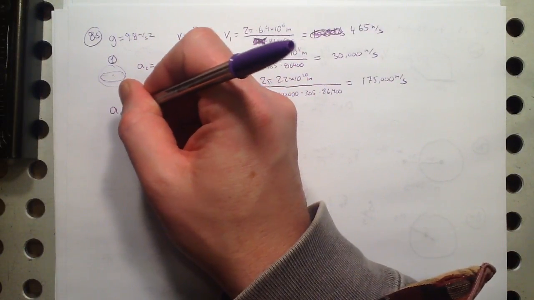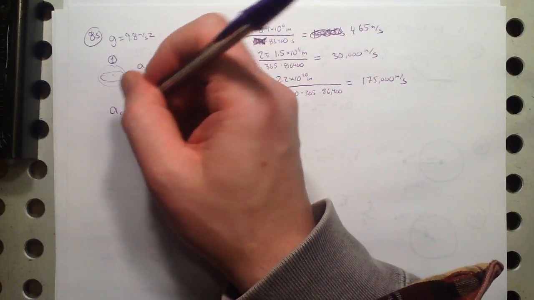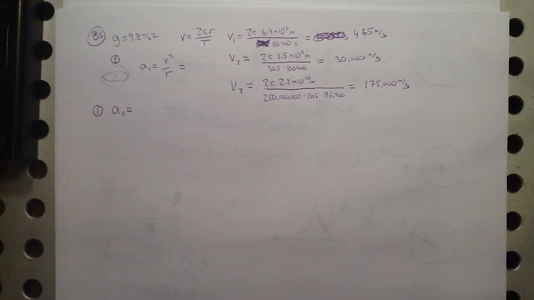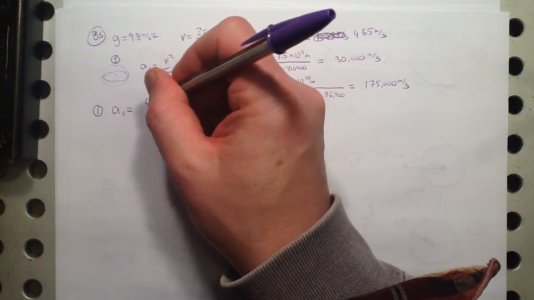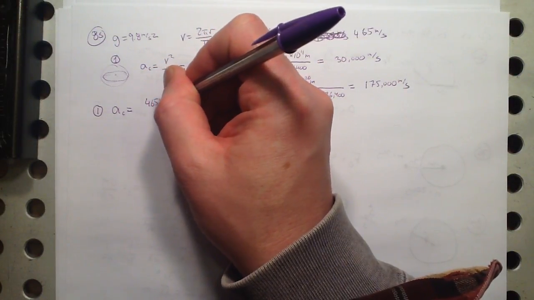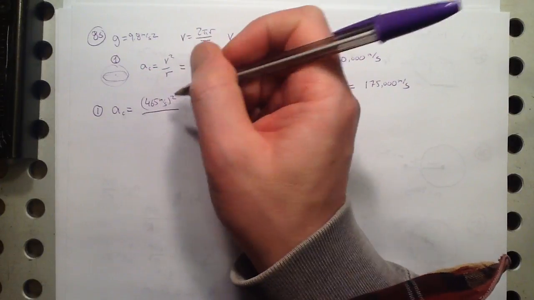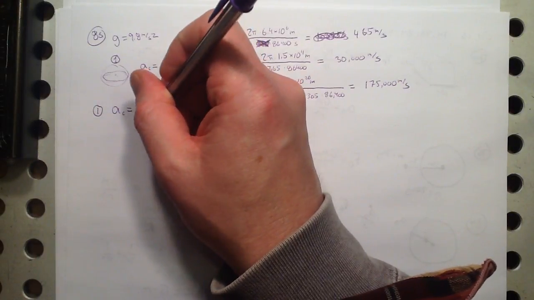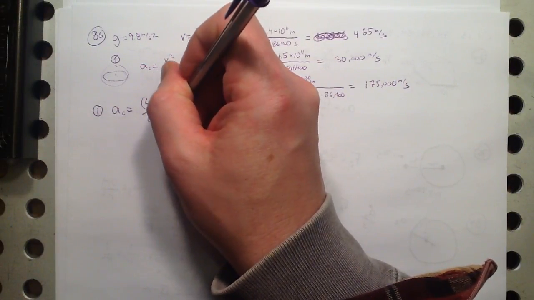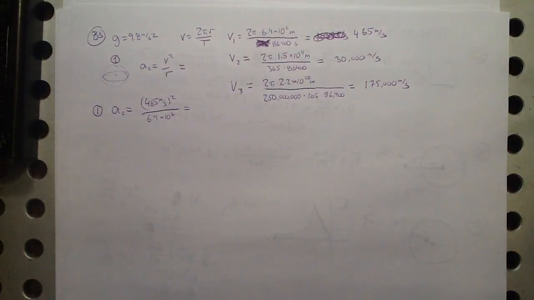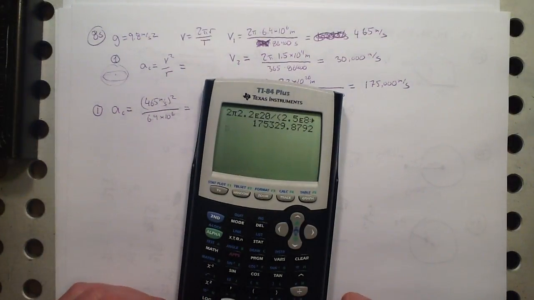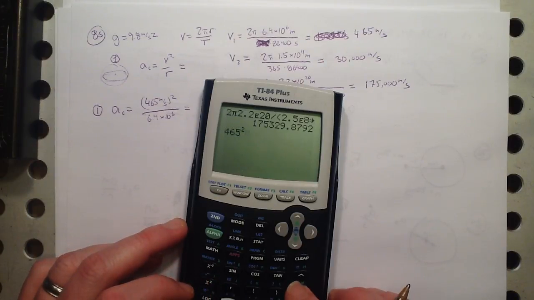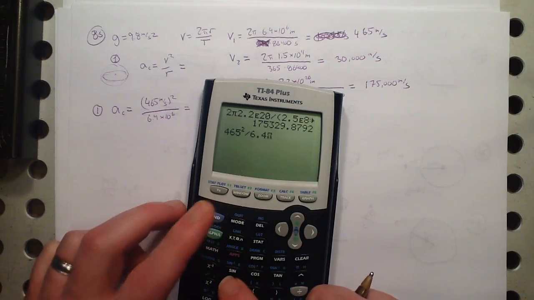So centripetal acceleration for our first circle, our local circle, is v squared over r. The radius of that circle is the radius of the Earth, which we used 6.4 times 10 to the 6th. So 465 squared over 6.4 times 10 to the 6th.